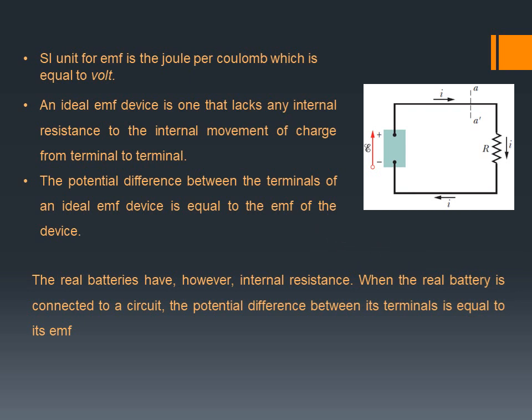I'm talking about the real batteries. But when you connect it to a circuit, since they have some internal resistance, the EMF is greater than the potential difference between the two terminals, because due to that resistance, a fraction of its voltage drops inside the battery.